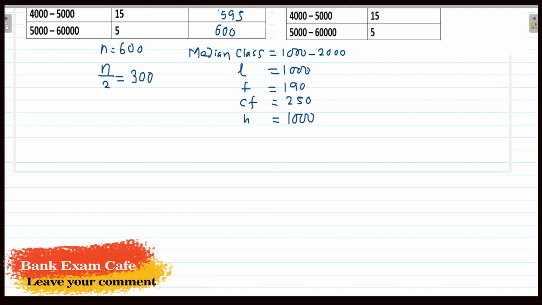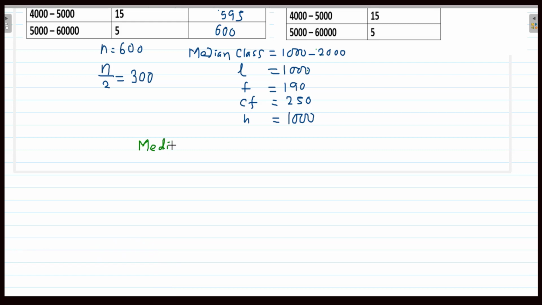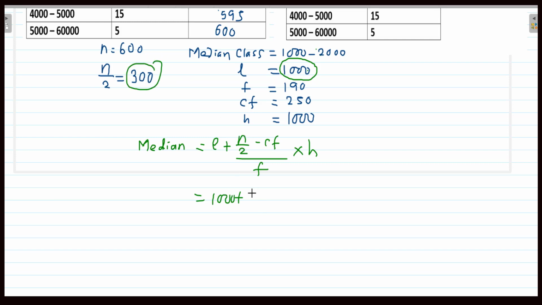The median is calculated by the formula: median is equal to L plus n by 2 minus cumulative frequency, upon F, multiplied by H. So L is 1000, plus n by 2. n by 2 is 300, so put 300 minus the cumulative frequency.